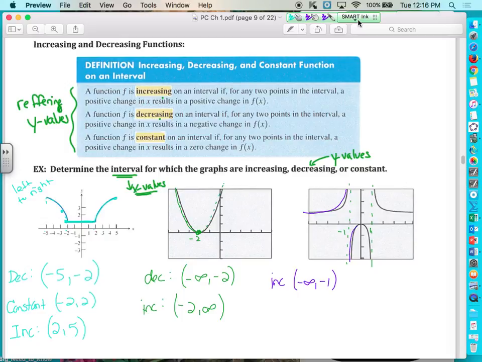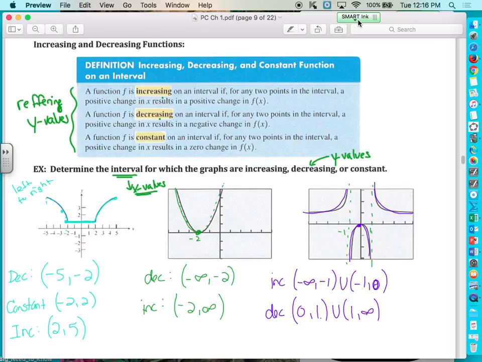And then my graph is increasing again until I get to 0. So from -1 to 0, my graph is increasing. And then it's decreasing from 0 to 1, not including 1. And then from 1 to infinity. And I can't include this 1 because there's an asymptote there at that point.